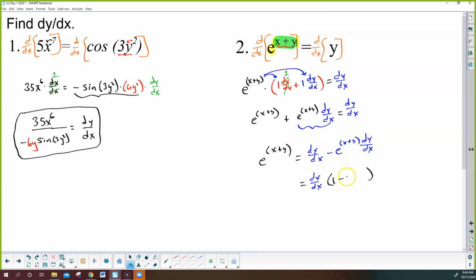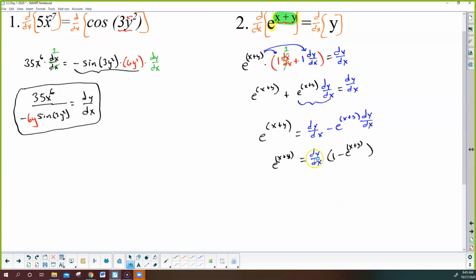And what's left over here is e to the x plus y. And then we didn't do anything with the left side yet. And then the very last step is to get dy/dx by itself. Well, dy/dx is multiplied by this whole piece, so I'm just going to divide it over.